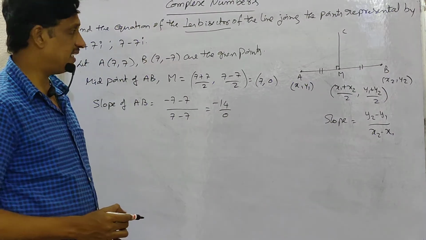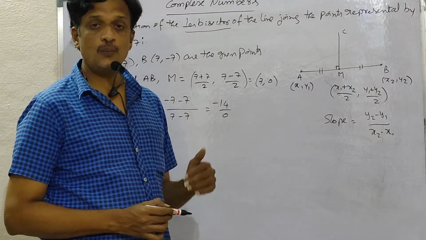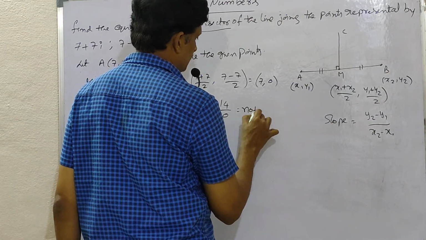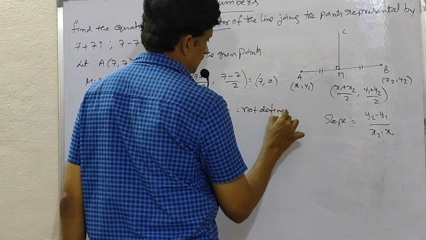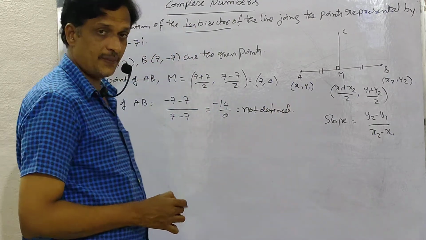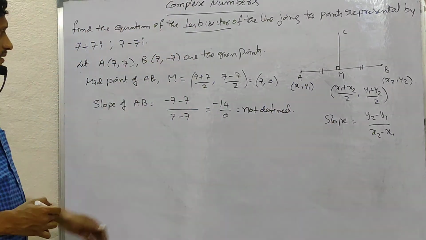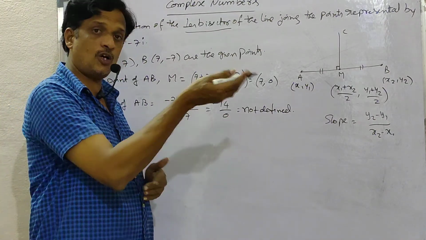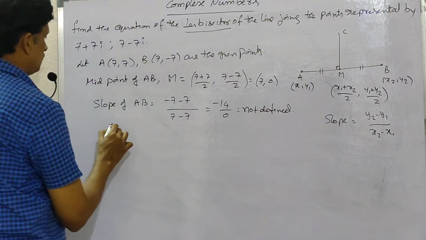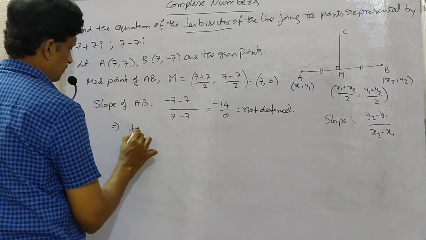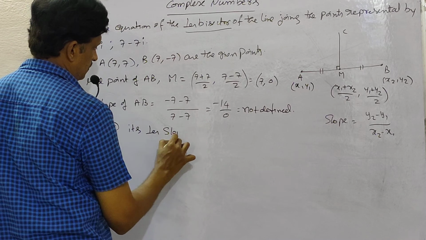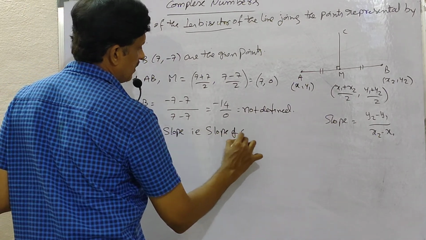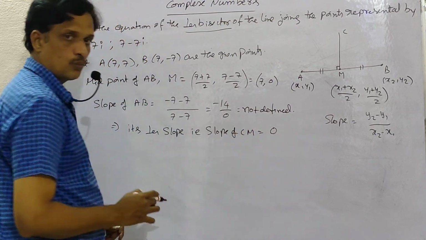In any fraction, if the denominator is 0, then the slope is not defined. So its perpendicular slope will be 0. Means you can suppose that if it is minus 14 by 0, its perpendicular slope will be 0 by 14. That is 0. That is, the slope of CM will be 0.